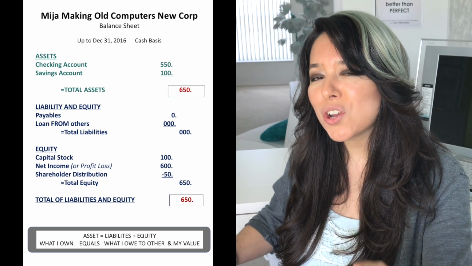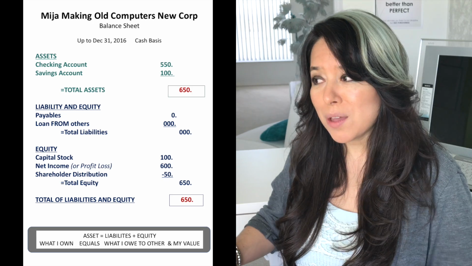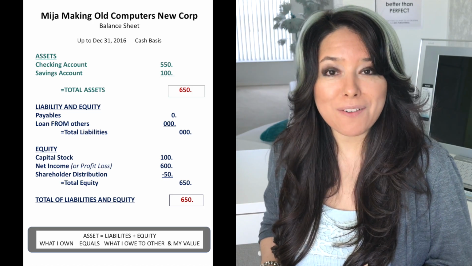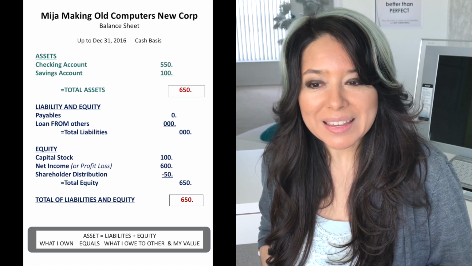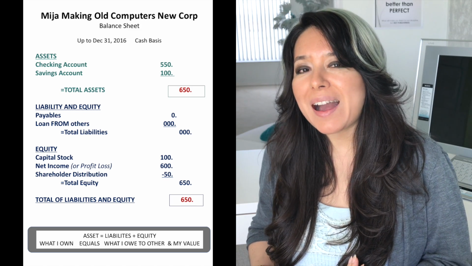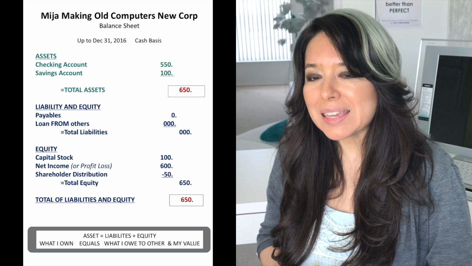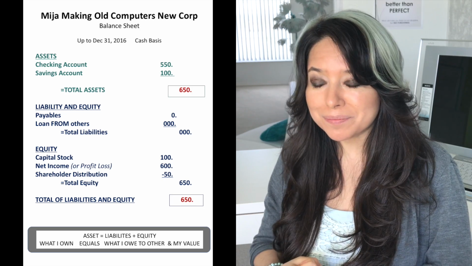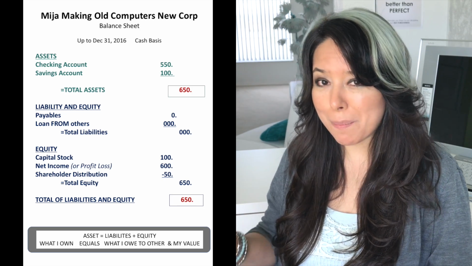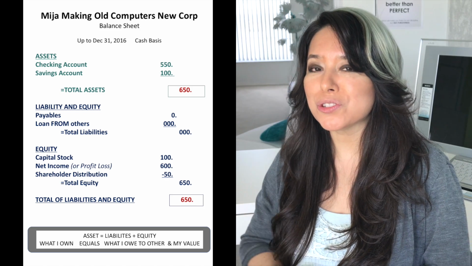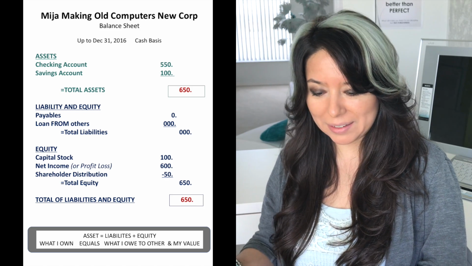It is in the shareholders distribution, because he hasn't paid himself yet as an employee. He's taking the $50 as his investment profit. And so that's going to go in the bucket of shareholders distribution. It's going to reflect there.